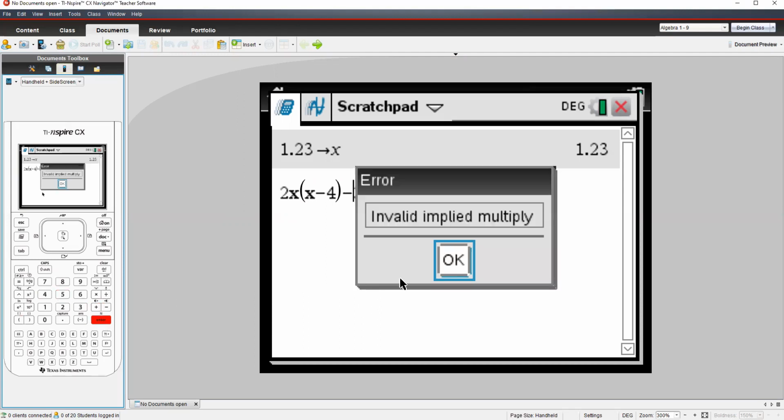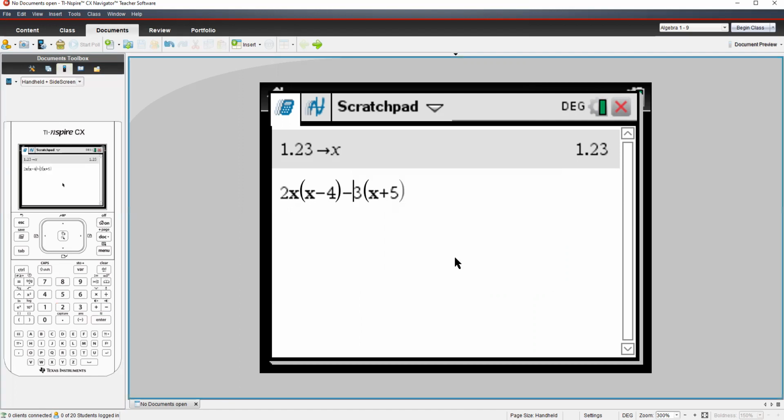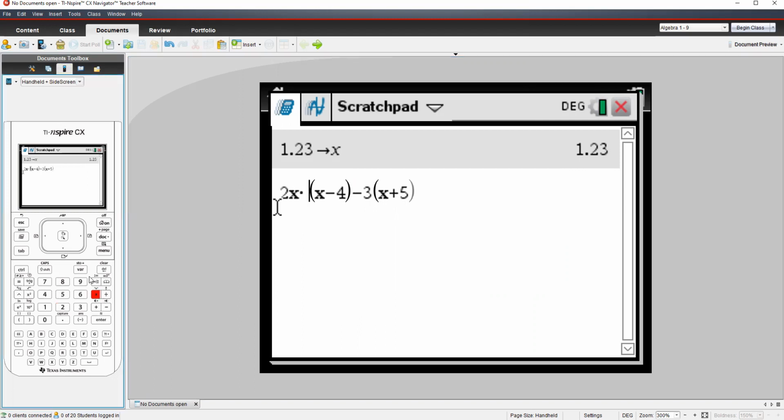Now, I'm going to get an error message, and I know how to fix this error, but I want to show you all how to fix it because a lot of the students struggled, and I think the reason they struggled with this question is because they didn't know how to fix this error. Basically, all it's saying is that we've got an implied multiplication, and they want us to make it explicit. That means between this x and this x, they want us to put a multiplication symbol, and then press enter, and that fixes it.